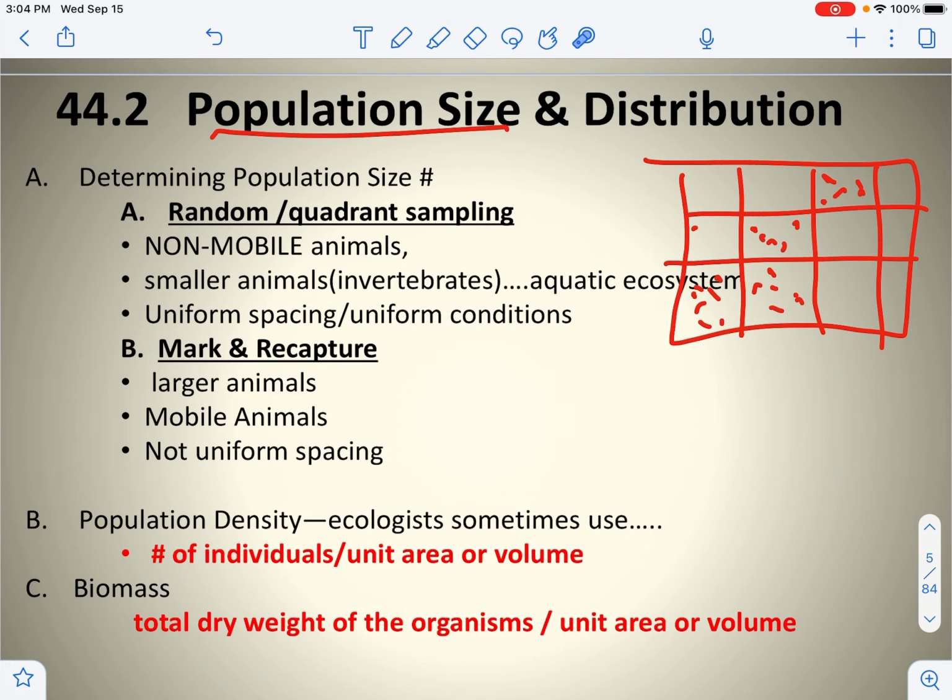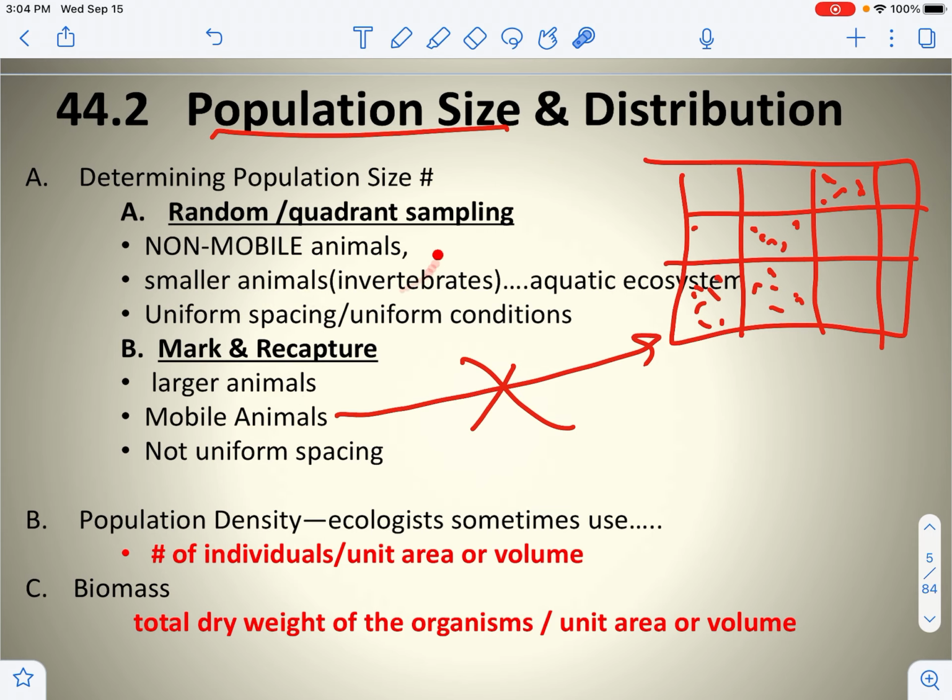But you can see how that would not work if you had a mobile animal. You couldn't do it with squirrels running around and moving from quadrant to quadrant. So whenever you're dealing with animals that are moving around, we do the mark and recapture.